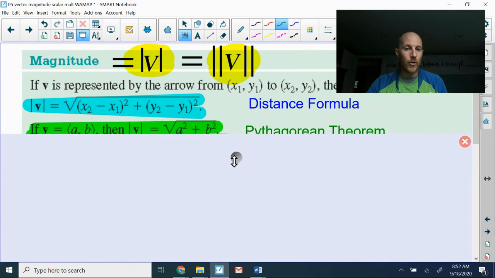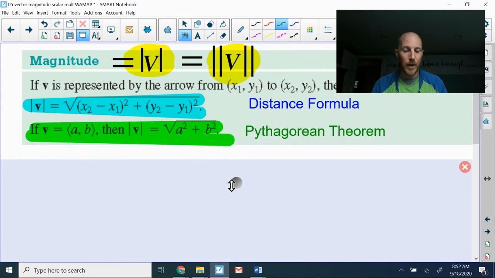And magnitude just means the length of the hypotenuse if you draw your little component vectors to get your right triangle. So we can use the distance formula if we have coordinates of the initial point and coordinates of the terminal point, like we did in the warm-up problem. In that do now, we were given coordinates, so we could just plug the coordinates in.